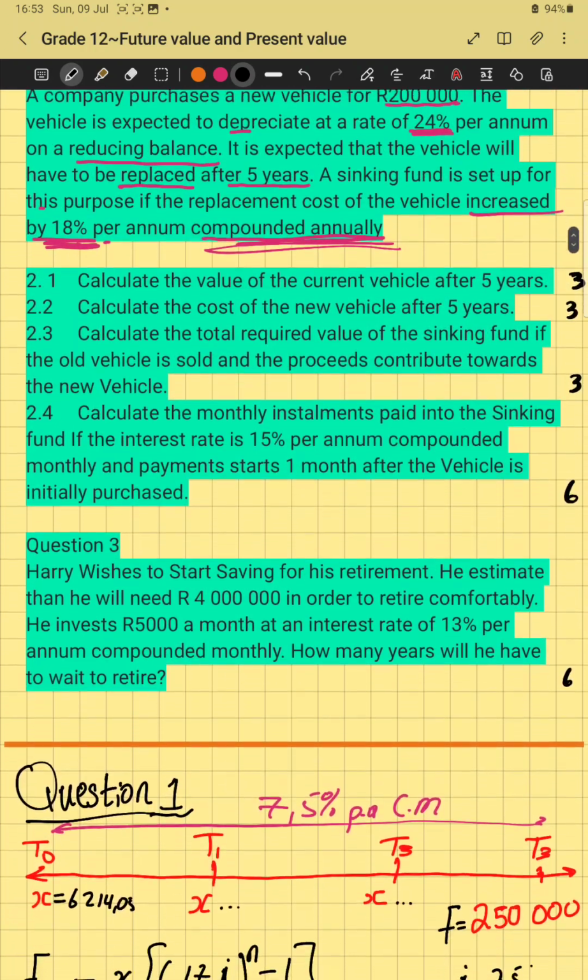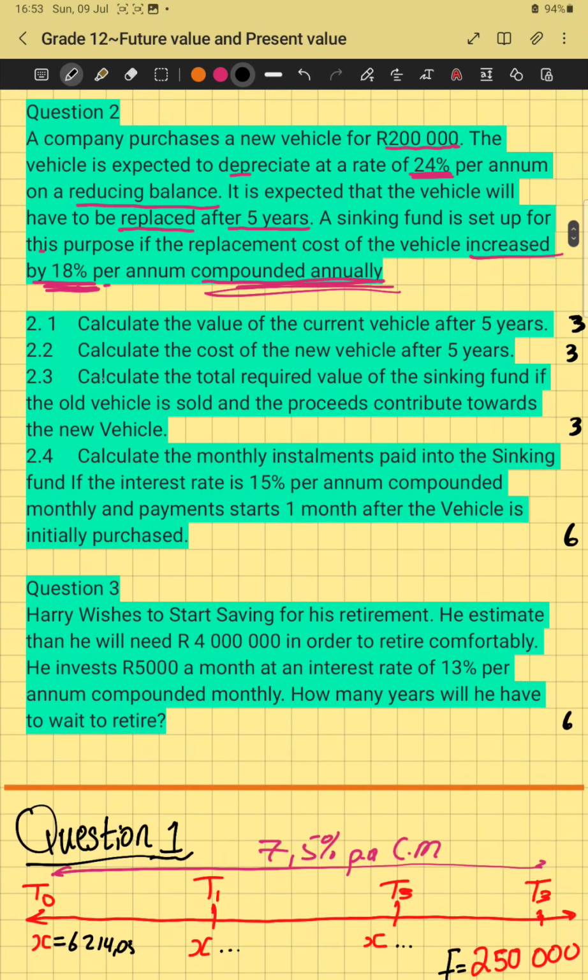Now let's look at the third question. Calculate the total required value of the sinking fund if the old vehicle is sold and the proceeds contribute towards the new vehicle.